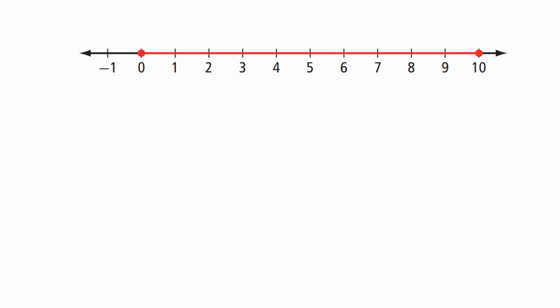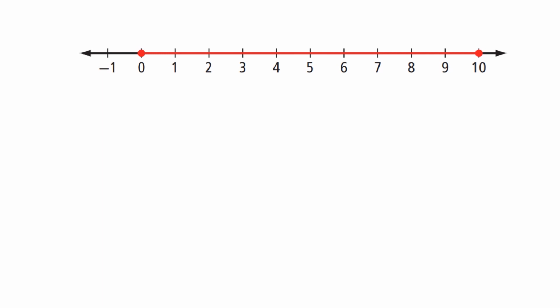I can even see that above 10 will not be included because that line does not continue. There's a solid dot as if it's stopping there. So my values in this number line are between and including 0 and +10. That's how I would kind of say it. This number line includes values between 0 and 10.